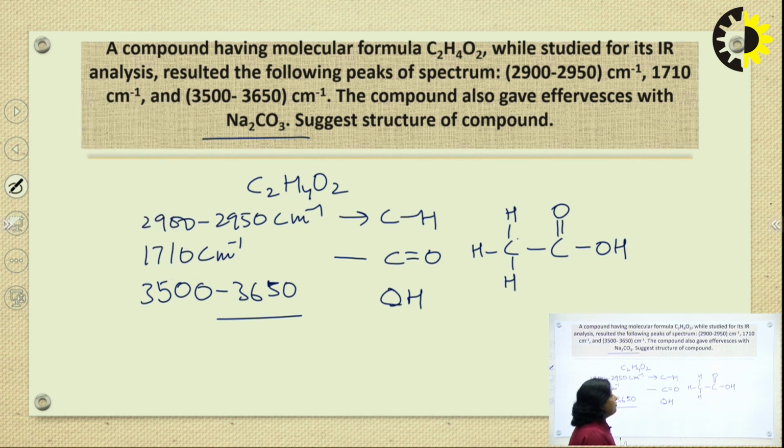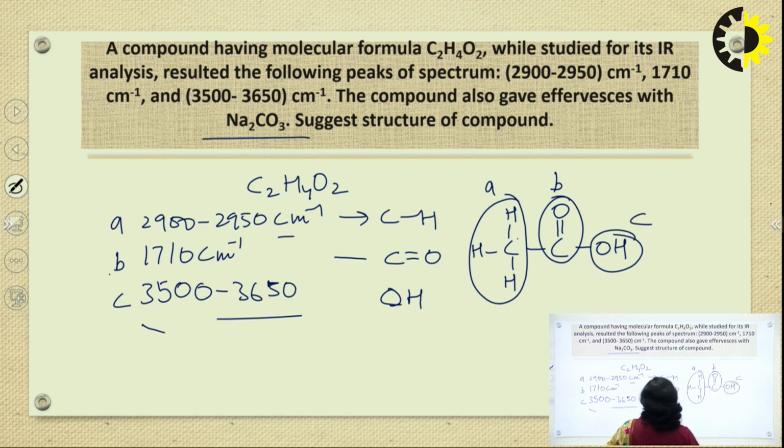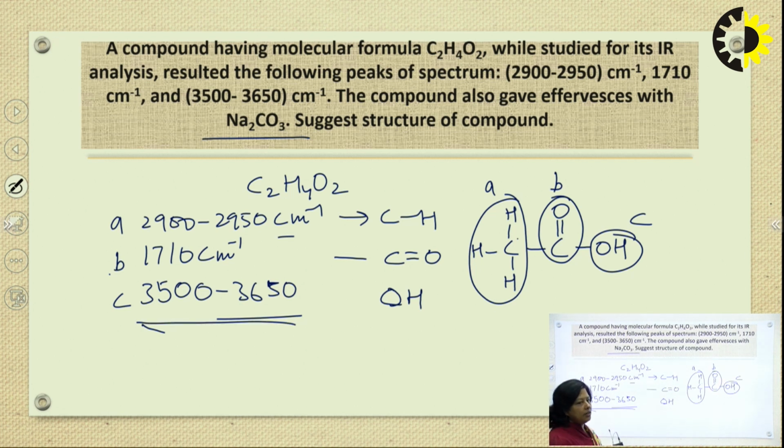How can we verify the structure? I say this is peak A, this is peak B, this is peak C. So, this belongs to peak A, this belongs to peak B, and this belongs to peak C. We know the OH absorption is found at 3500 to 3650, so this is the mean value of the OH bond.